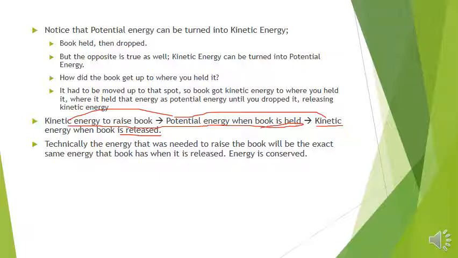You can also go from kinetic energy to kinetic energy, but you can't go from potential energy to potential energy. Like when you have a bowling ball and it smashes into the pins and causes the pins to move, that's kinetic energy into kinetic energy. You can take kinetic energy and turn it into potential energy, and you can have potential energy turn into kinetic energy.